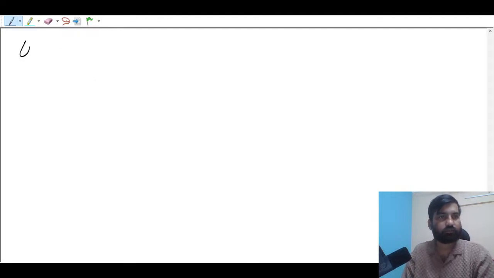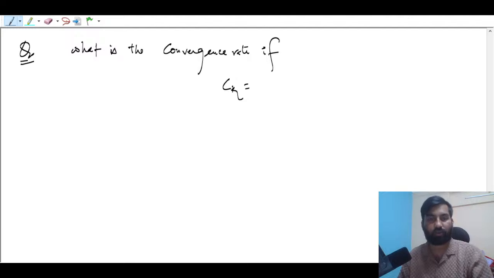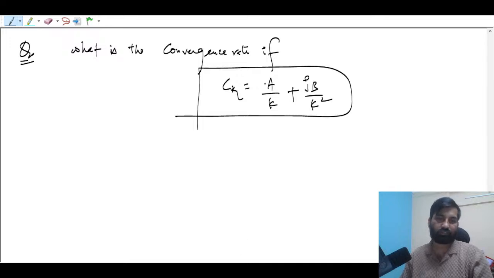What is the convergence rate if Ck, which is complex, happens to be A by k plus j B by k square? What is going to be the convergence rate for this?